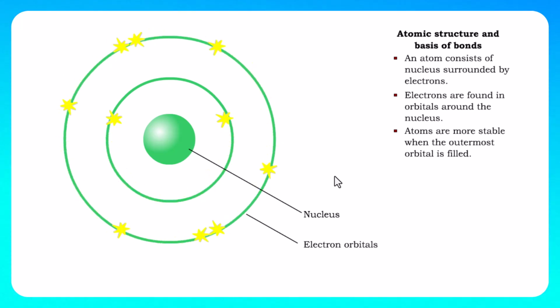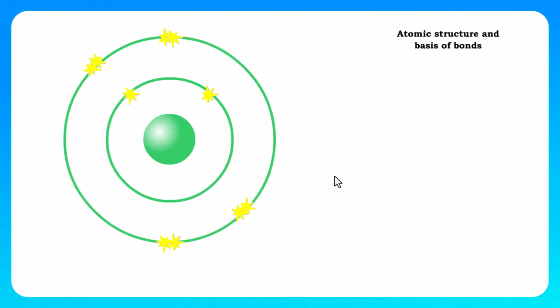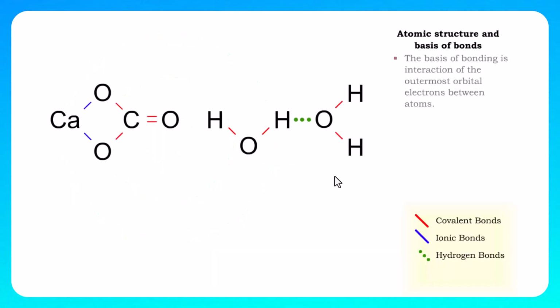Usually, the outermost orbital contains 8 electrons. If an atom's outermost orbital is not filled, electrons will move to fill this shell. The activity of electrons between adjacent atoms is the basis of chemical bonds.